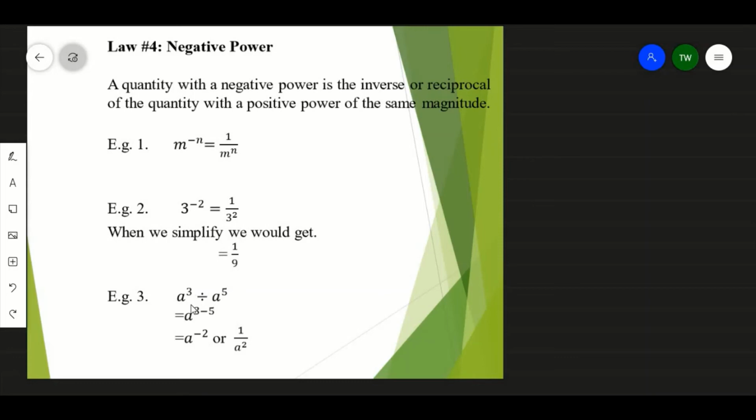In order to simplify this, we first have to apply the division law. It says once the bases are the same, we simply subtract the power. So here we have a to the 3rd power minus the 5th power, which gives us a to the negative 2. Now, because we want to write this in positive form, this is the same thing as 1 over a squared.